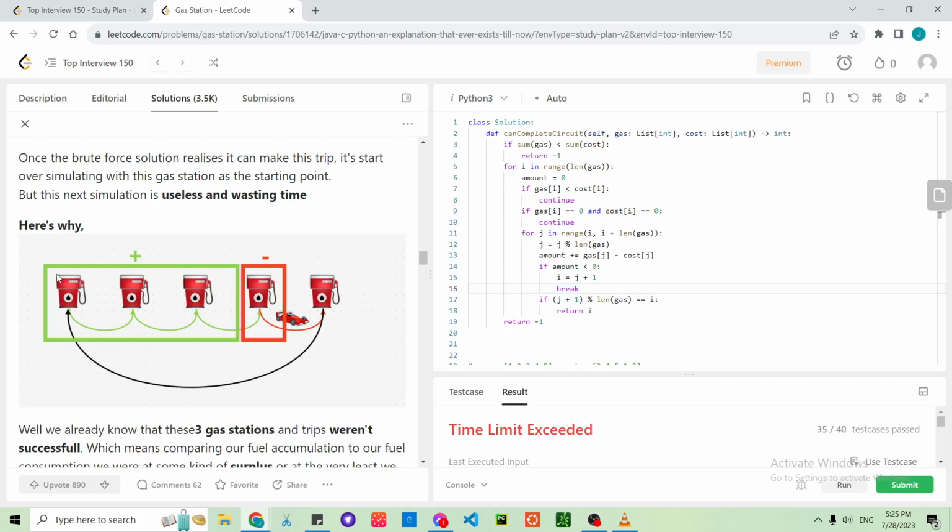Now, this -4, could it be possible that we're at positive 5 in the end, but the first one, let's say it's -8? Is that possible? I guess what I need to prove is that that is not possible, because otherwise this algorithm wouldn't work.